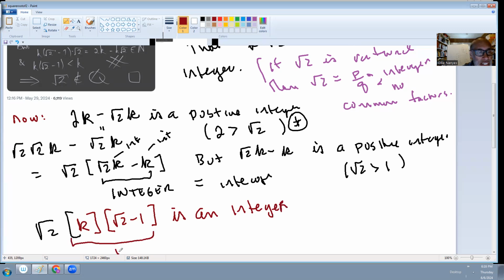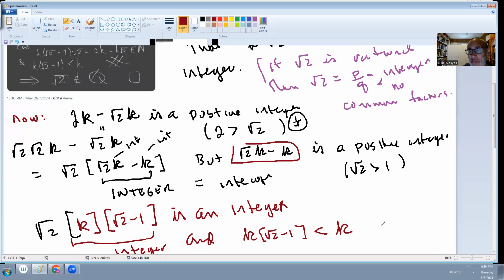But this is an integer because we just said that right here: the square root of 2 times k is an integer because that equals that. And k times the square root of 2 minus 1 is less than k.